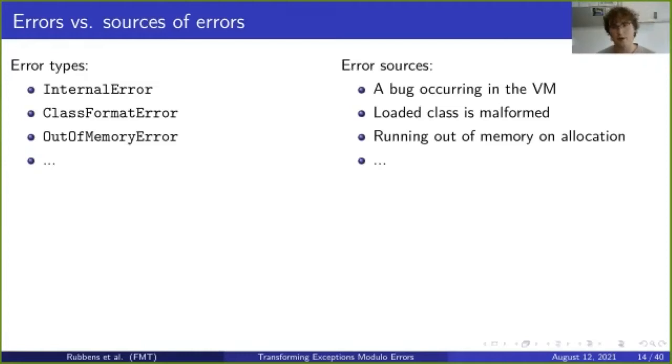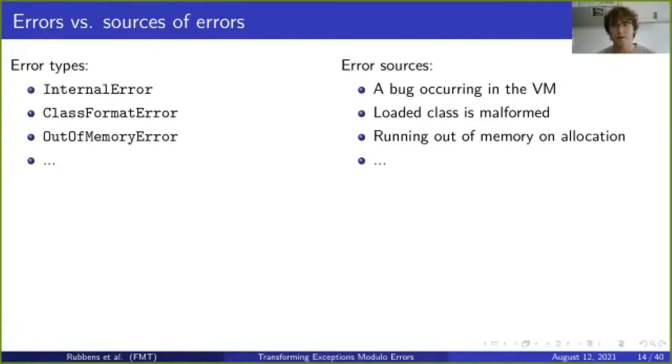Now, then there are also error sources. Error sources are the events that cause the error types to be thrown. So, for example, if a bug occurs in the VM, then the internal error type is thrown. Or if the system runs out of memory when allocating, then the out-of-memory type is thrown. It is important to note that these can be separate.